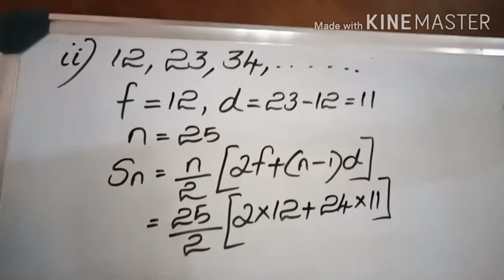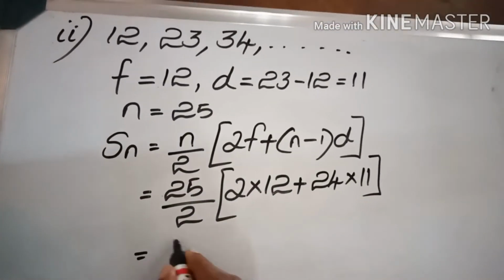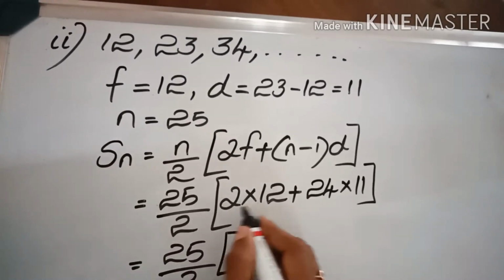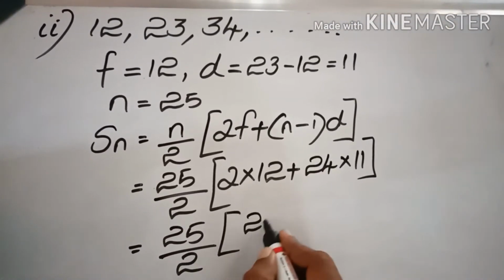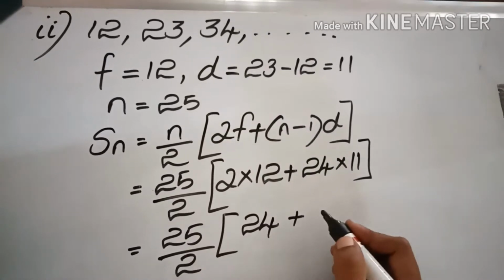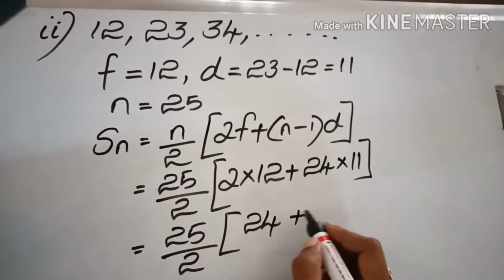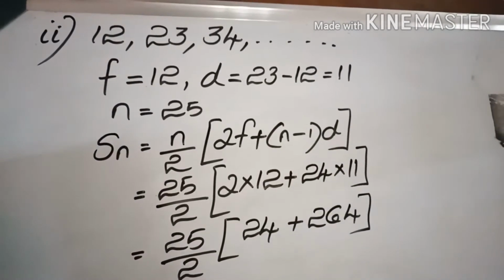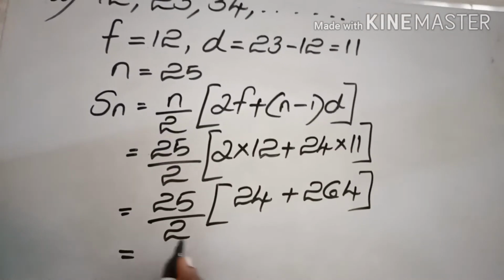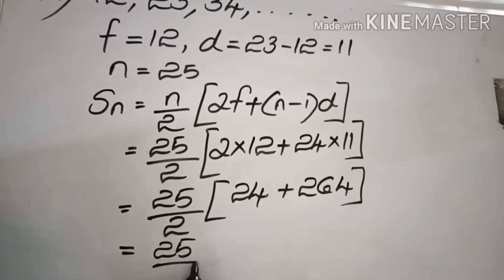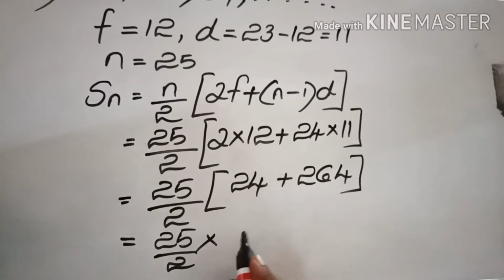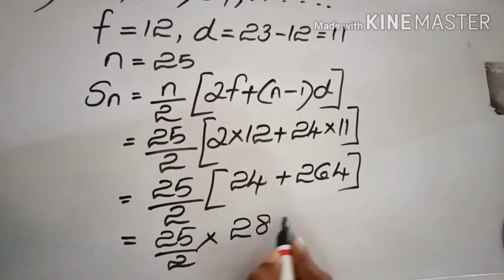After simplification, that is 25 by 2, 2 into 12 is 24, plus 24 into 11, that is 264. After that, add, that is 25 by 2 into 24 plus 264, that is 288.